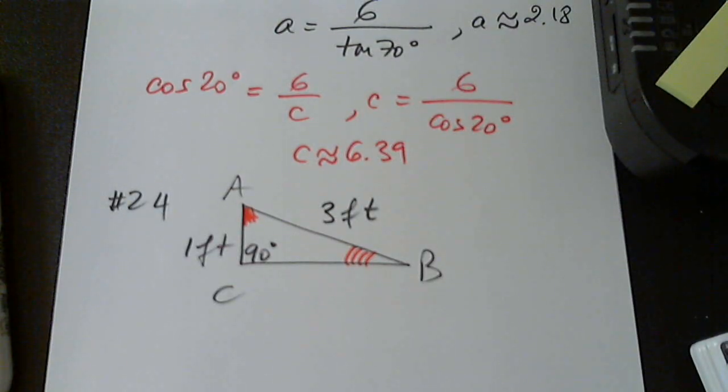Any suggestions on how to find A and B? Anyone, please? How do we find A and B? Any suggestions?